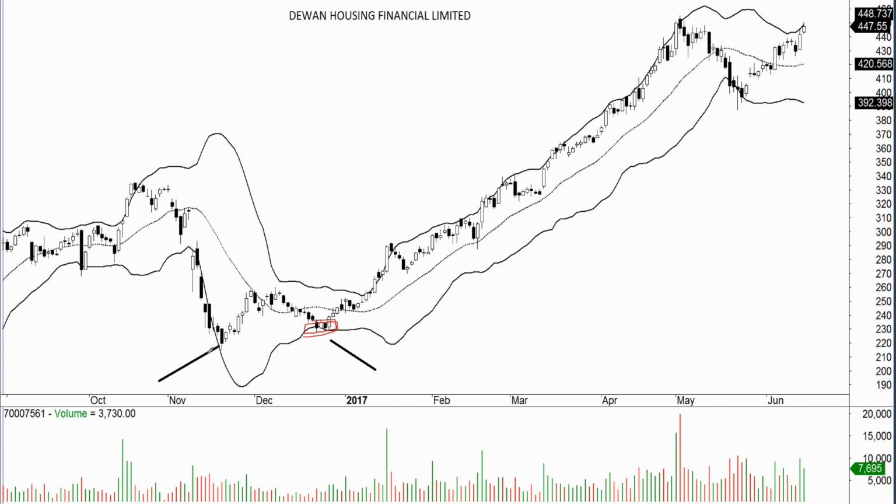You should put your stop loss below this low, the lower of the two legs. So many people will ask you to put the stop loss here, and this stop loss will tend to get hit. So you have to choose the lower of the two for the stop loss.